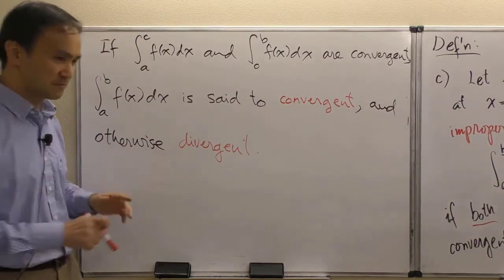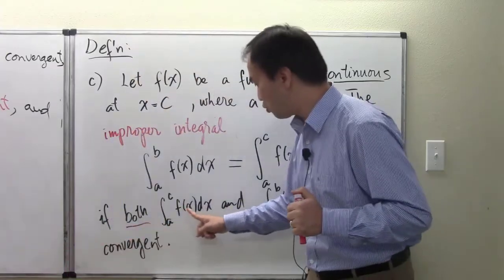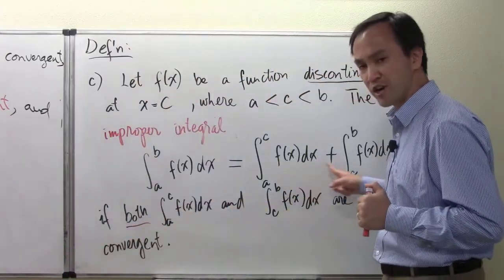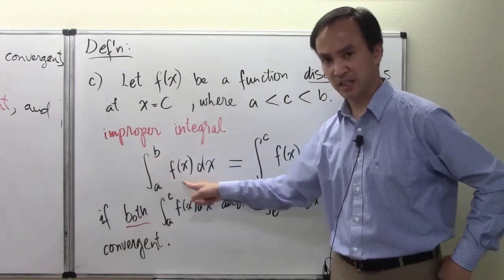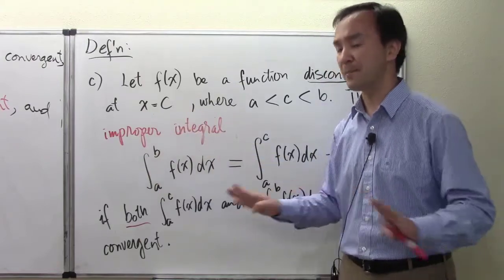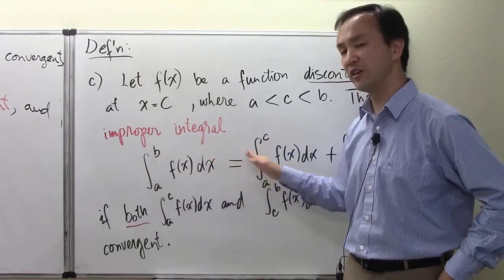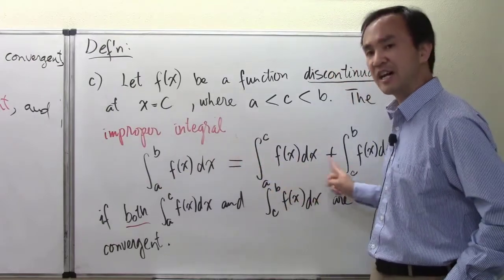Otherwise just means as long as one of the two improper integrals here fails to be convergent, then this thing here will be a divergent one immediately. And we can completely bypass looking for the final answer, and there won't even be equality holding here if any one of these is a divergent one.